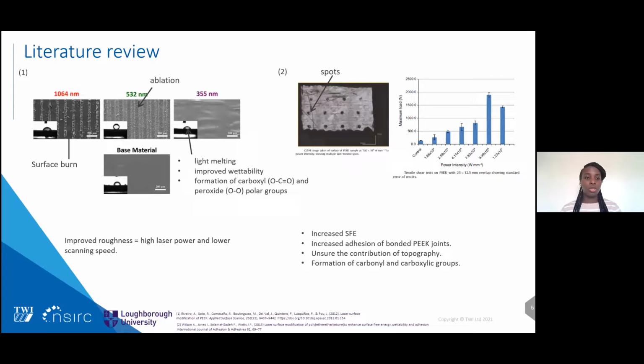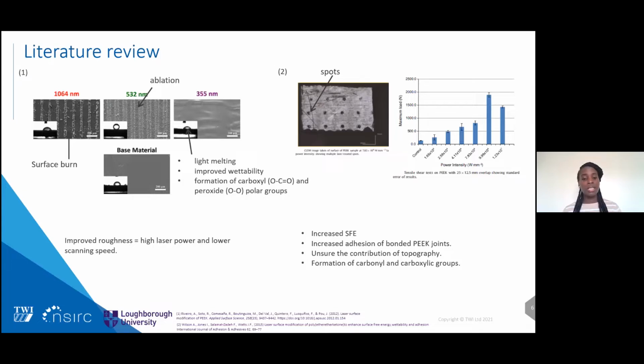A bit about literature. Several works have looked into laser surface texturing, making use of different laser parameters. In one of these studies, where different wavelengths were used to texture PEEK, the surface that gave the least amount of roughness was observed to have the highest weldability compared to the other wavelengths that were used.